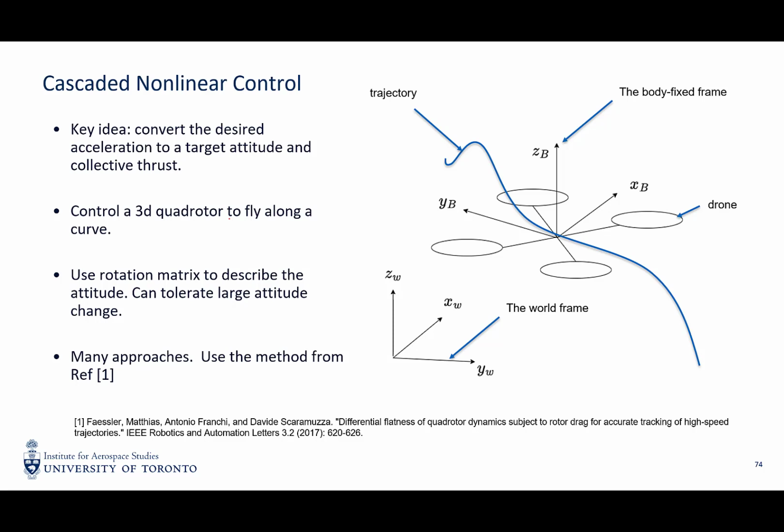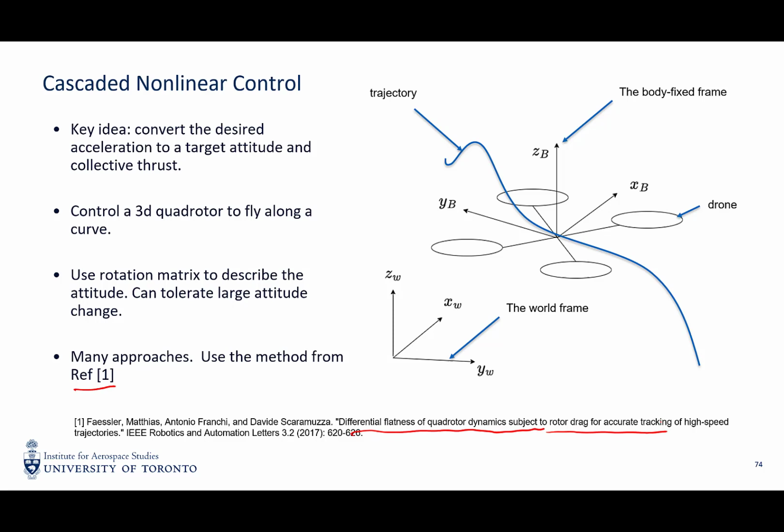Then how do we produce a controller that has no such limitations? Here is a way to construct such controllers. I use this method from reference 1, which is called the differential flatness based controller of a quadrotor subject to rotor drag for accurate tracking of high-speed trajectories, from Dr. Scaramuzza's lab.